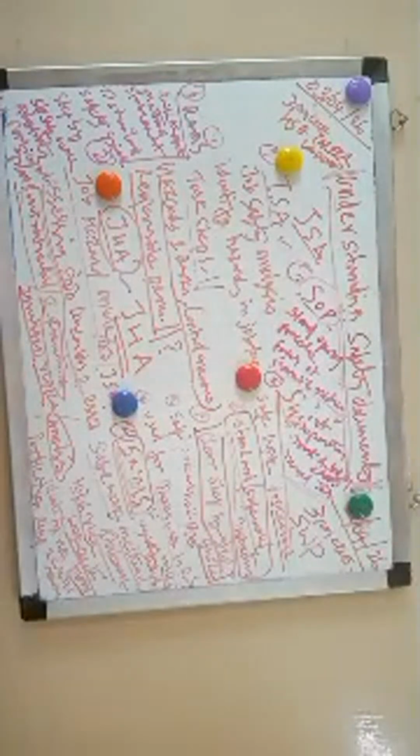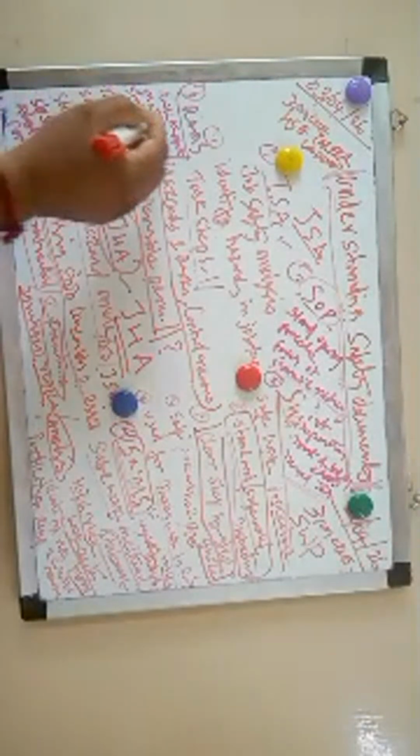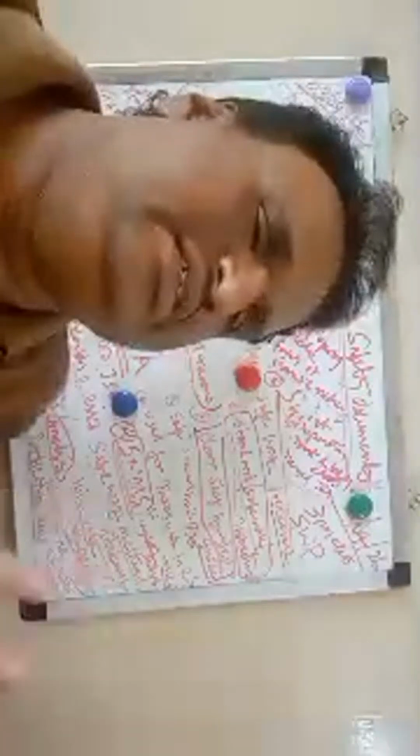Okay. Next one is RAMS. RAMS means risk assessment method statement. The sixth one is RAMS. It means risk assessment method statements.